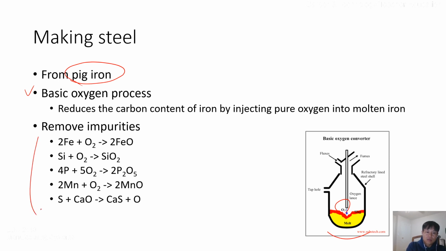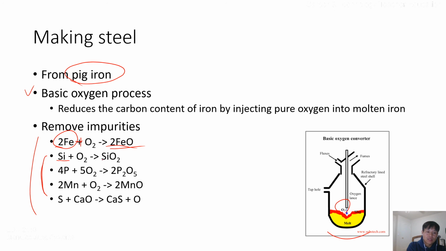So basically, the ferrous combines with oxygen, producing ferrous oxide.